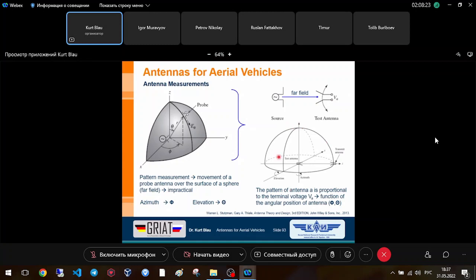Phi angle is azimuth, and the theta angle is the elevation. And over these angles, we can make a record of all these voltages, and then we can construct the complete 3D radiation behavior of our antenna under test. And so it's very simple to measure such an antenna.